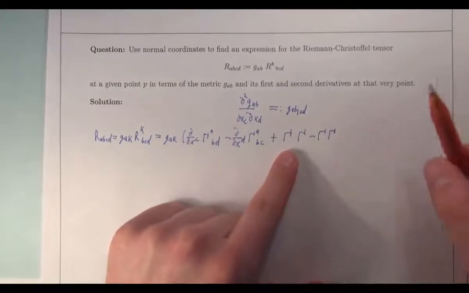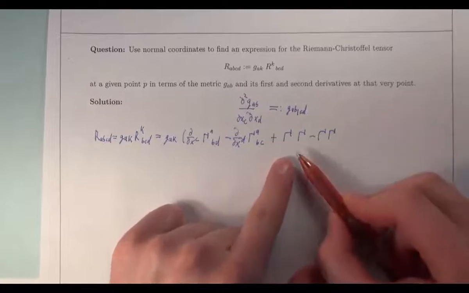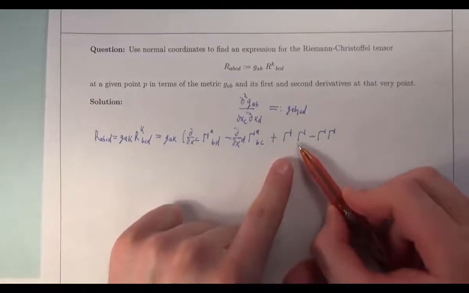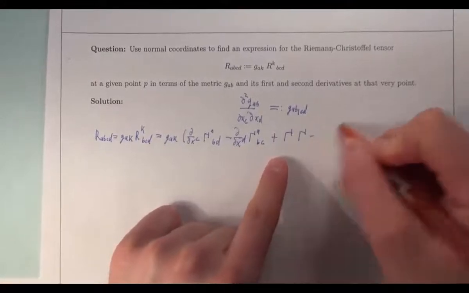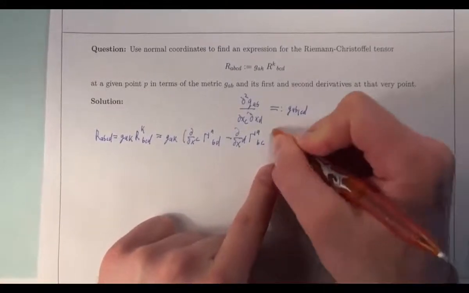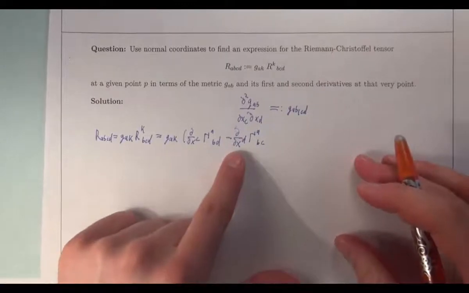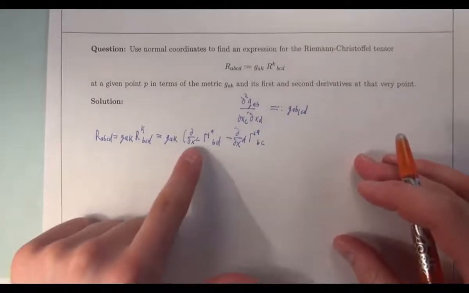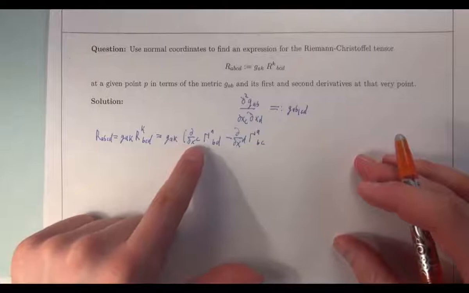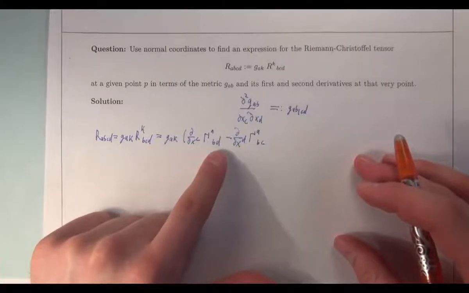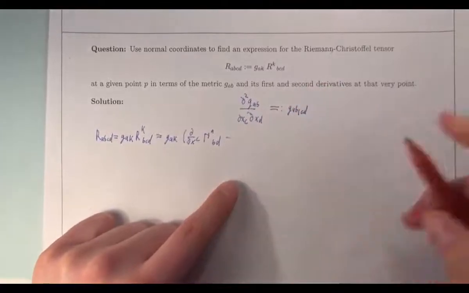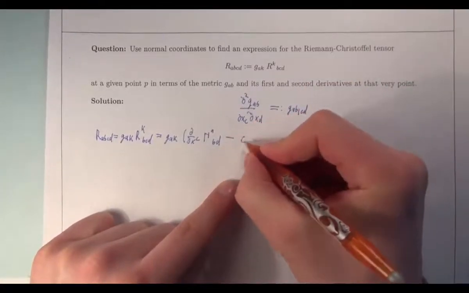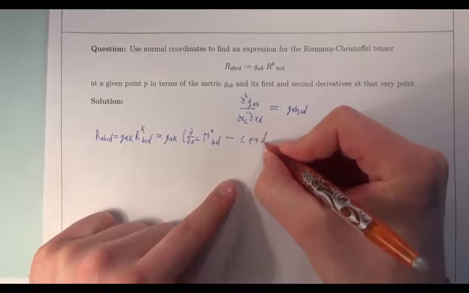But as I already explained, we are in normal coordinates, so the gammas are 0. Therefore, I can cross them out. What I also can obtain here is that these two expressions are the same, just with C and D exchanged.